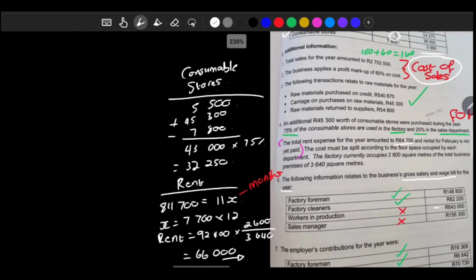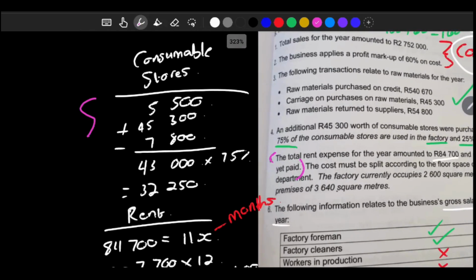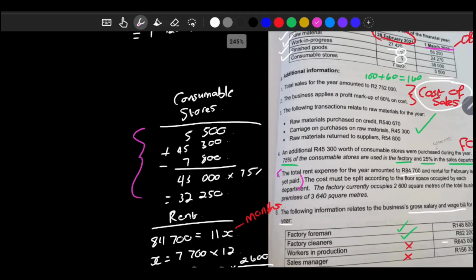So you wouldn't be able to calculate this part for consumable stores if you don't know that you have to add your opening balance plus any purchases, subtract your closing balance in order to get your consumable stores that were issued, right? You have to understand how your accounts work.